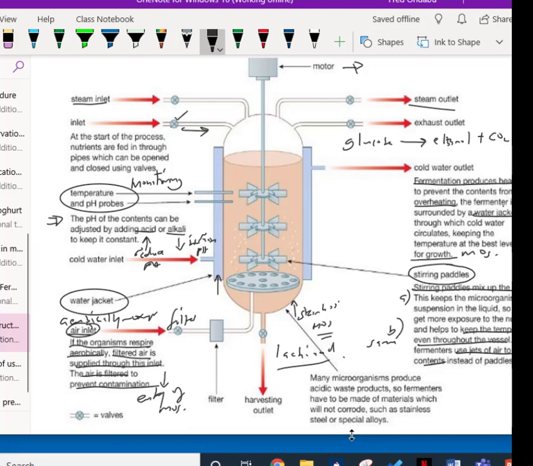These lactic acid bacteria, like Streptococcus and Lactobacillus, produce lactic acid, which is corrosive. So to make a fermenter, you need stainless steel or special alloys, which are not easily corroded by the products produced by the microorganisms.